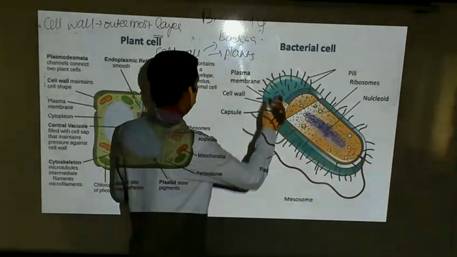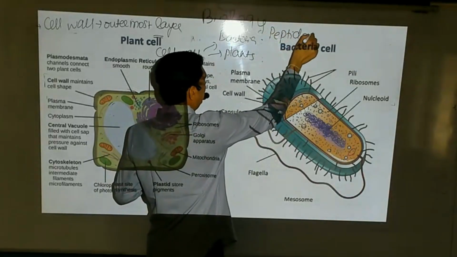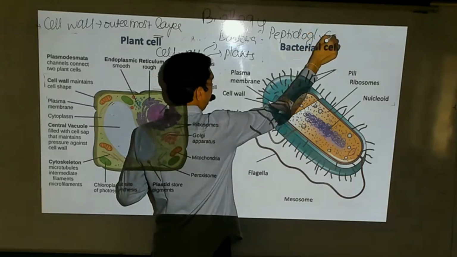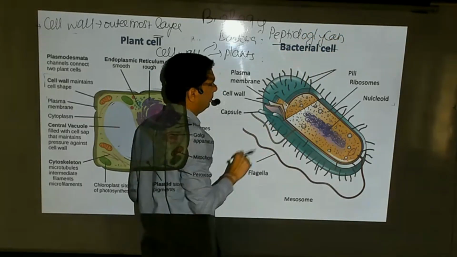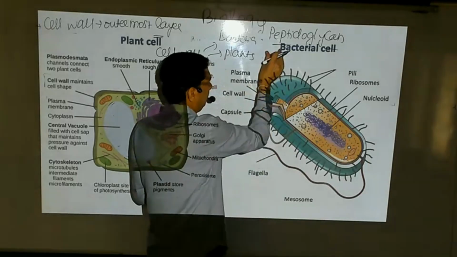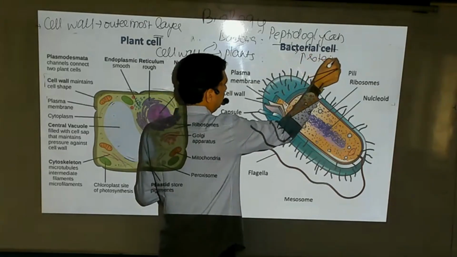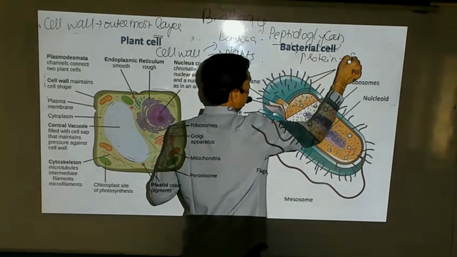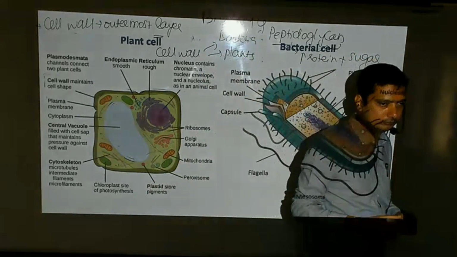In bacteria, the cell wall is made up of what is called peptidoglycan. Peptidoglycan. Make a note of this name. It may sound a little complex, but if you really observe, peptidoglycan. Peptido means protein, glycan means sugar. So it has a sugar plus protein layer.